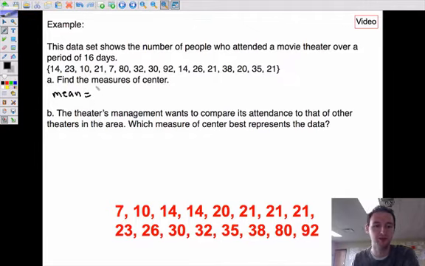I'm not going to spend a ton of time on it because, like I said, you pretty much know how to do it. You end up getting a mean of 30.25.